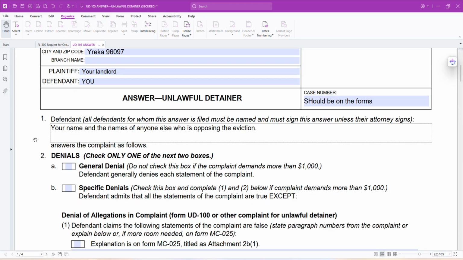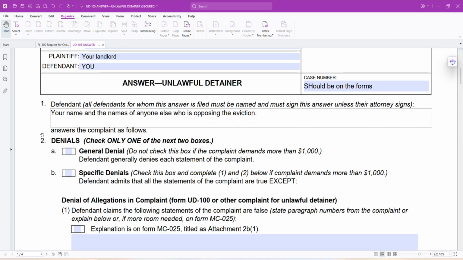Just know that everybody who files the answer or who is named on the answer must file a fee or request an individual fee waiver specific to that person.